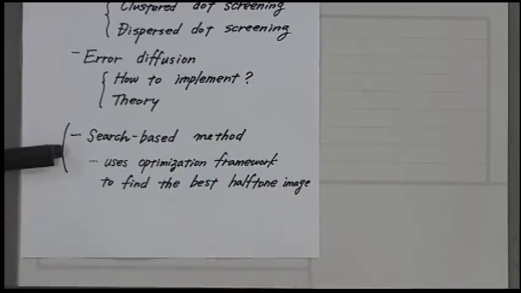But if you are interested, Professor Allebach and his student published a paper, and the name of the halftoning method is called direct binary search. Maybe you can look up the paper.